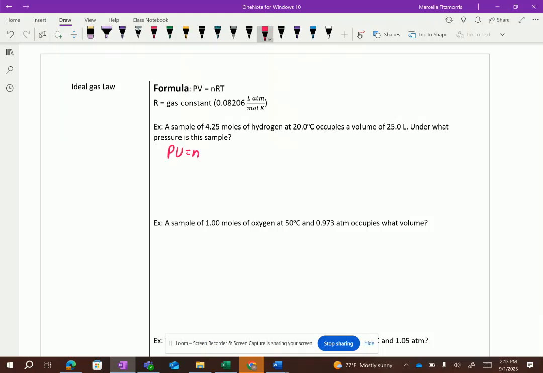And then lastly, my temperature is given to me in Celsius. So I need to add 273 to it to get Kelvin before I can use this. By putting the right units in there, my liters, as I'm doing the math, are going to cancel out. My moles are going to cancel out. My Kelvin's going to cancel out. And I'm going to be left with atmospheres for my pressure. So when I solve this mathematically using my algebra skills, I'm going to end up with 4.09 atmospheres as my answer, rounded to 3 sig figs.